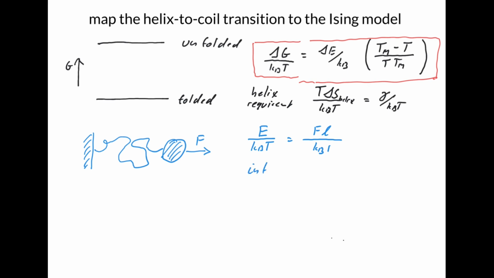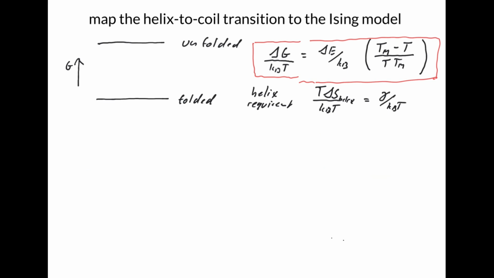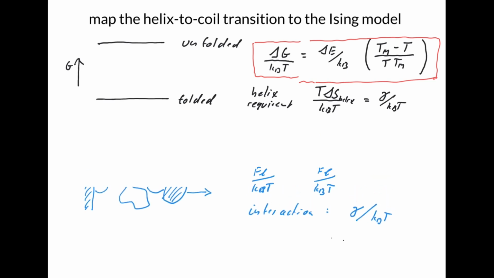Likewise, we had to introduce an interaction parameter, also gamma divided by kBT, that describes interactions between neighboring nucleotides in the DNA.